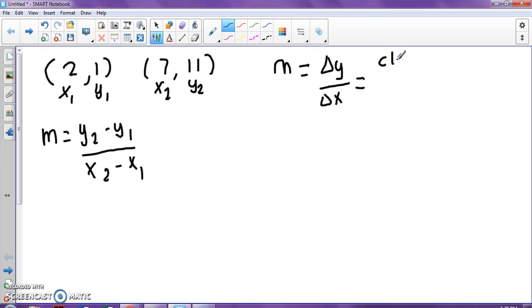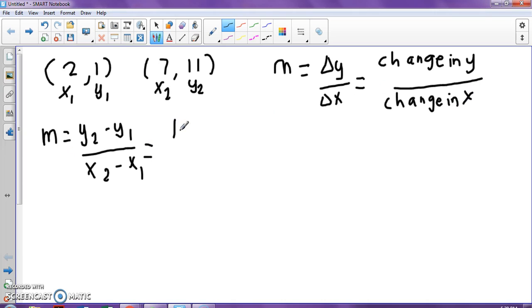And all this means is just change in y over change in x. So now we're going to find our slope. So y2 minus y1 over x2 minus x1. So we get 10 over 5, and 10 divided by 5 is 2, right? So now we have our slope.